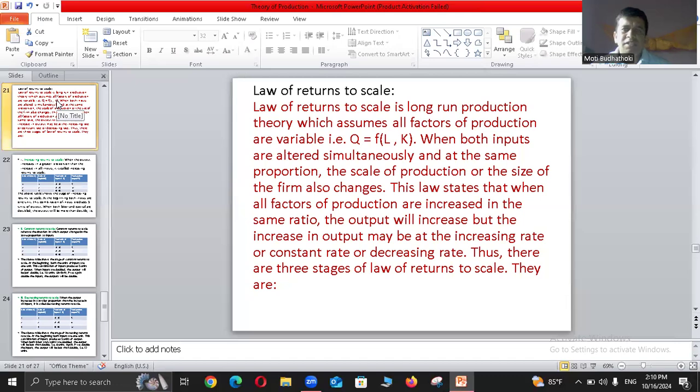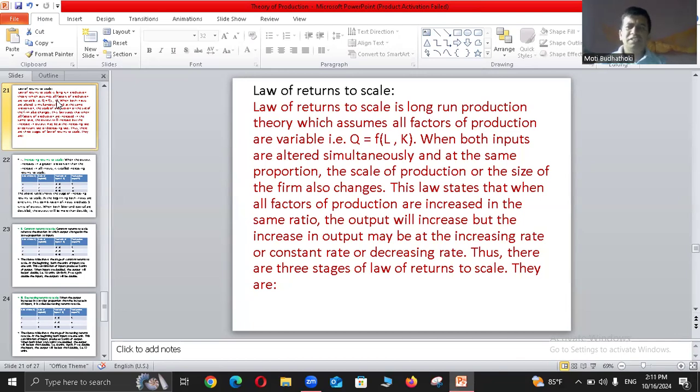Law of returns to scale is long-run production theory, which assumes all factors of production are variable. That is, output is the function of labor and capital. When both inputs are altered simultaneously and at the same proportion, the scale of production or the size of the firm also changes.